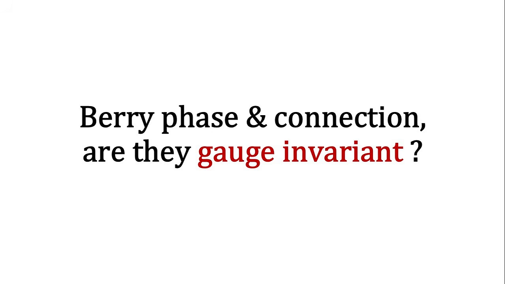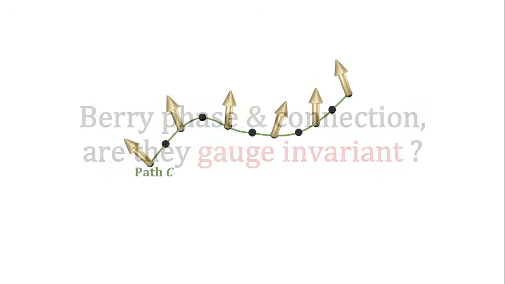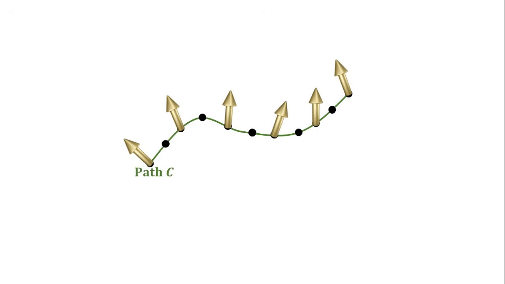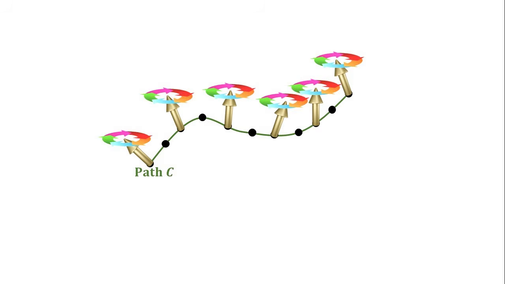Chapter 4. Berry phase and connection. Are they gauge invariant? In gauge theory, such as electromagnetism or non-abelian gauge theories, gauge transformations are changes of the mathematical variables that leave the underlying physics unchanged. For example, in quantum mechanics, the freedom to multiply a state by a parameter-dependent phase is known as a gauge transformation.